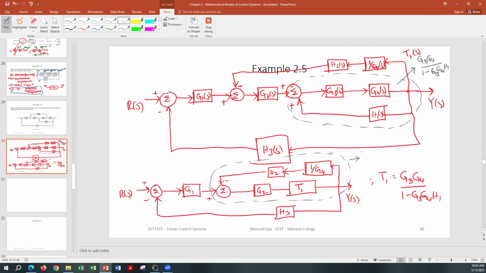When we replace it by a single block, let's say T2, T2 will be equal to G2 T1, which is in the feed forward loop, over 1 plus G2 T1 times the feedback loop H2 times 1 over G4. So T2 is G2 T1 divided by 1 plus G2 T1 times H2 times 1 over G4.